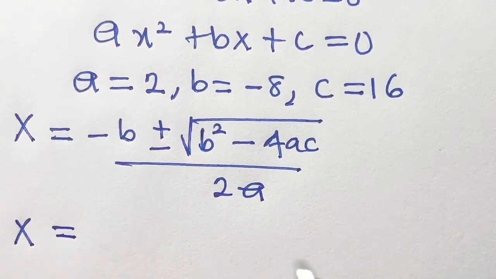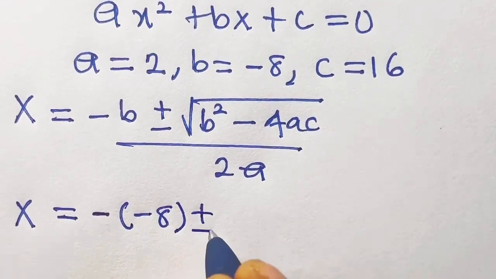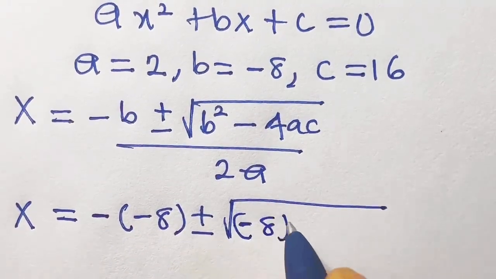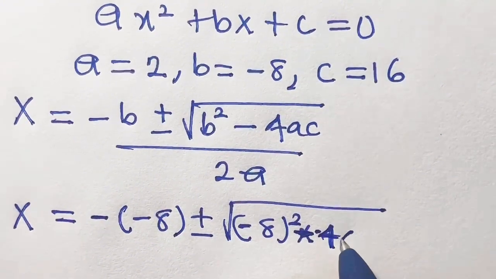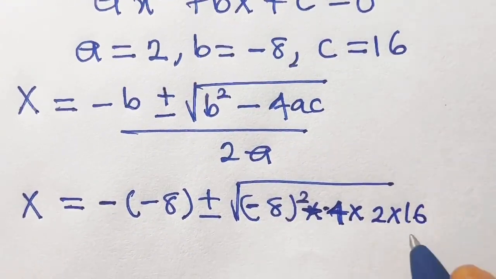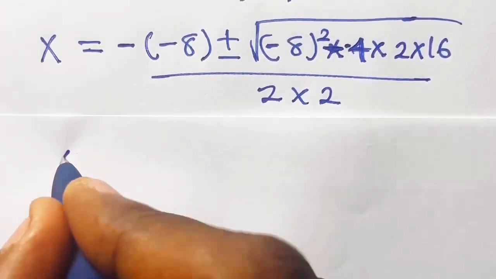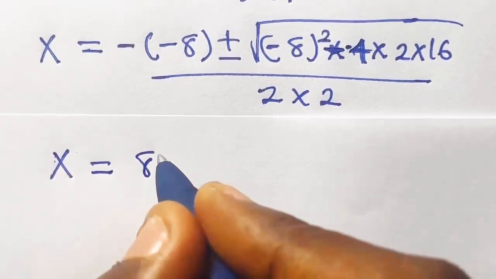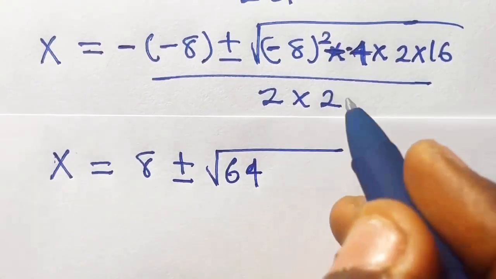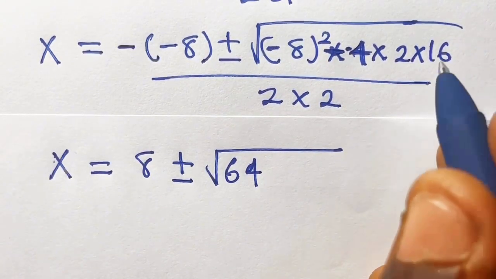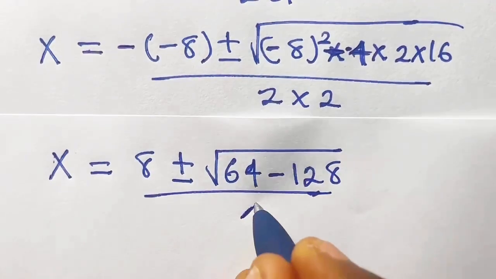We substitute these values into this formula. So we have x = (−(−8) ± √((−8)^2 − 4 × 2 × 16)) / (2 × 2). So we'll have x = (8 ± √(64 − 128)) / 4, since −(−8) gives us 8, (−8)^2 gives us 64, and 4 times 2 times 16 is 128, and 2 times 2 gives us 4.